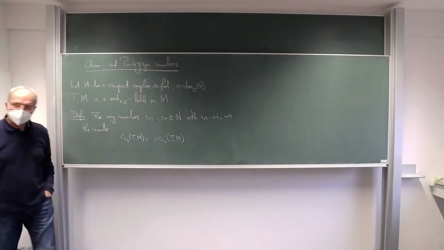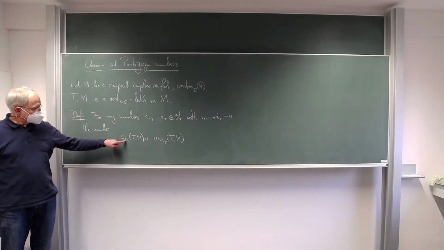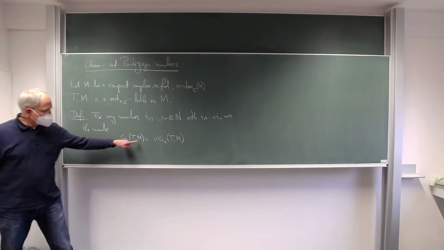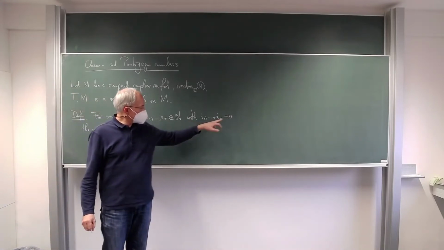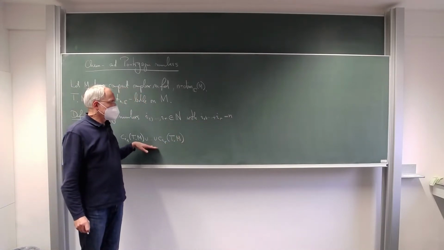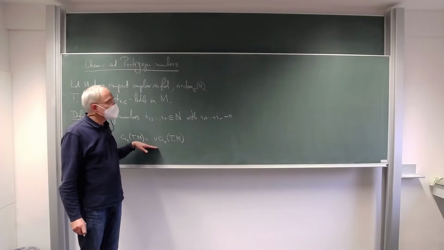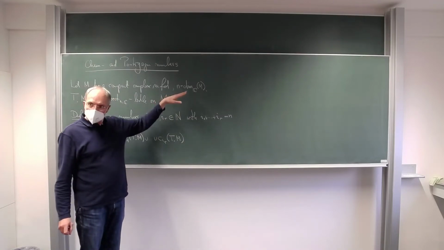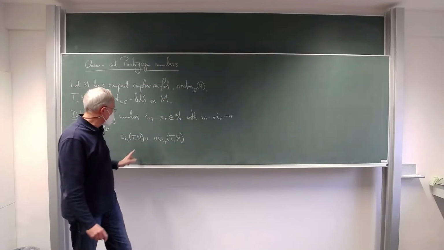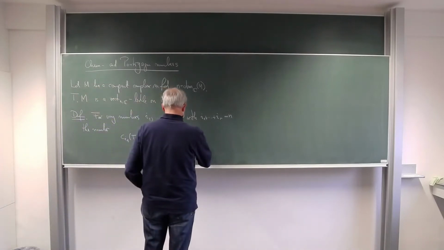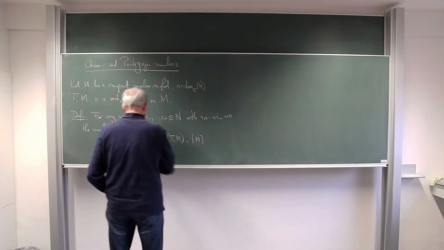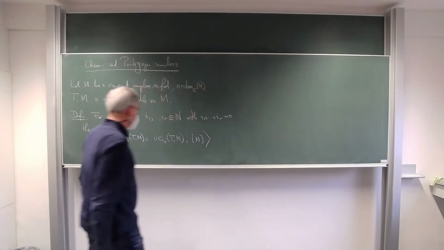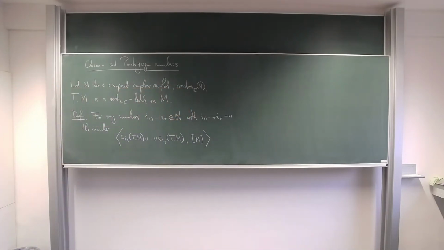Now, what's the degree? The Chern classes have degree 2i_1 up to 2i_r. So since this adds up to n, we get something of degree 2n. And 2n is the real dimension of the manifold. So we can integrate this over the manifold and get a real number.